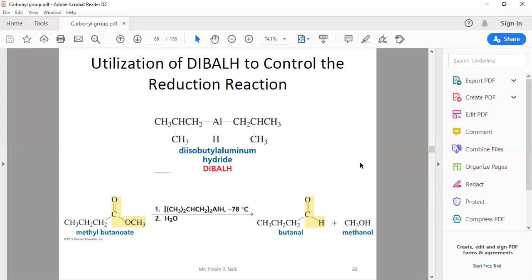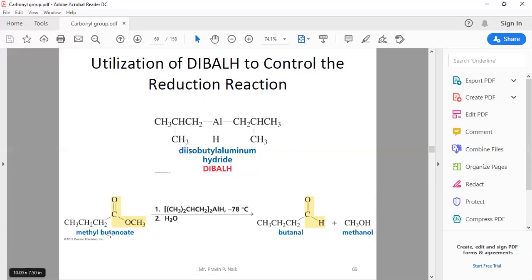Another reagent which provides the hydride is DIBAL-H. The full form of it is diisobutyl aluminium hydride. So you can see here it is diisobutyl: on both sides we have the isobutyl group, and at the center we have the hydrogen attached to aluminium.